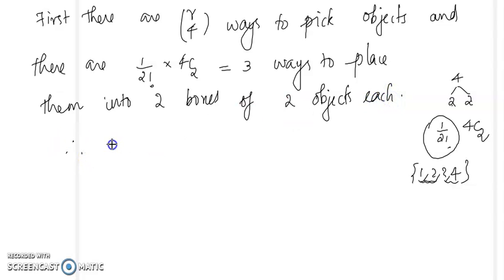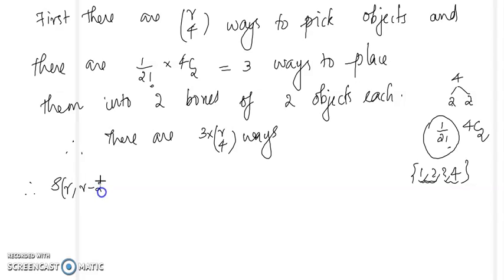So therefore there are 3 into RC4 ways. Now S of R minus 2 will be the sum of these 2 cases. So that will be RC3 plus 3 RC4. So that is the required value.